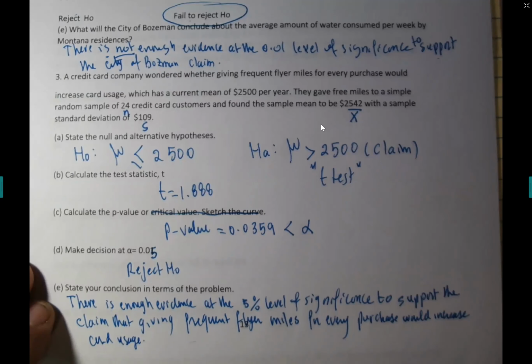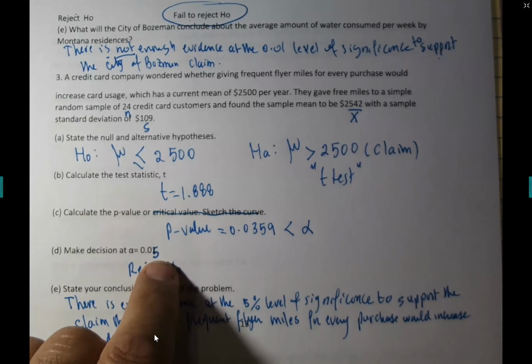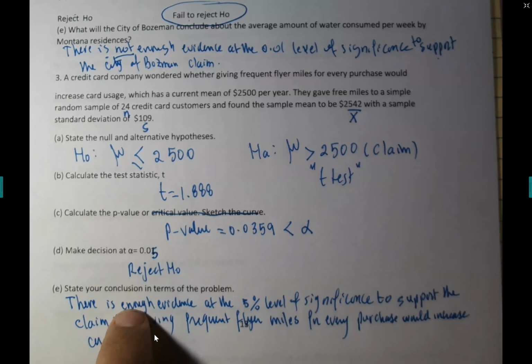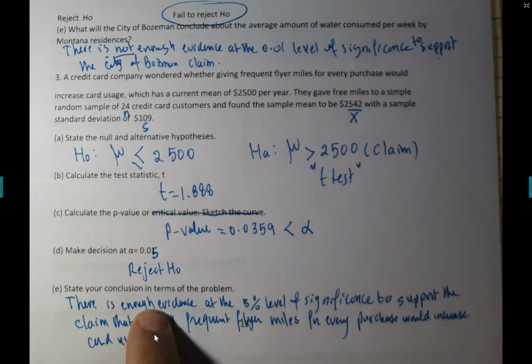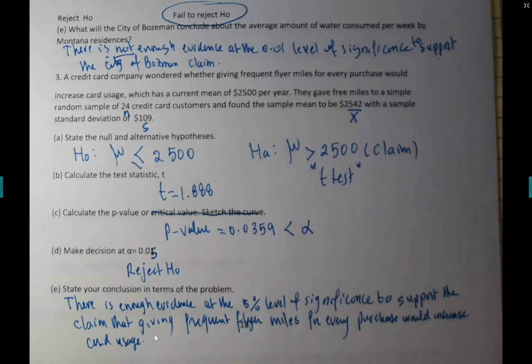All right. That is the conclusion. You see, guys, if I made this at 1%, it would have been there is not enough evidence at the 1% level of significance to support the claim that giving frequent flyer miles for every purchase would increase card users.